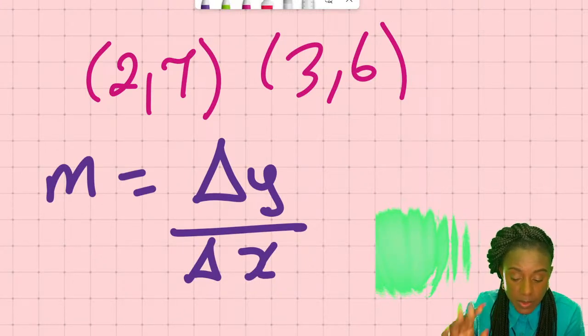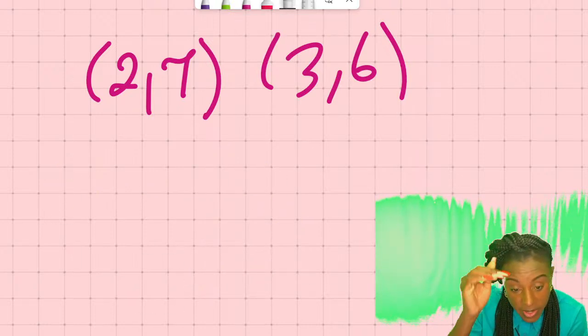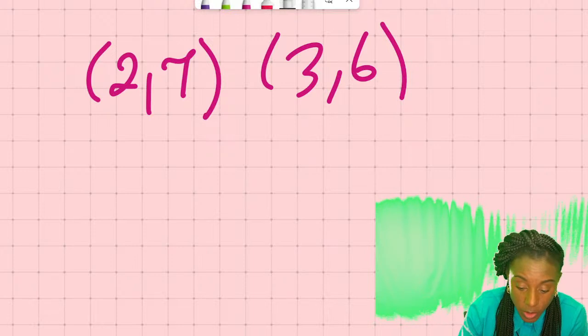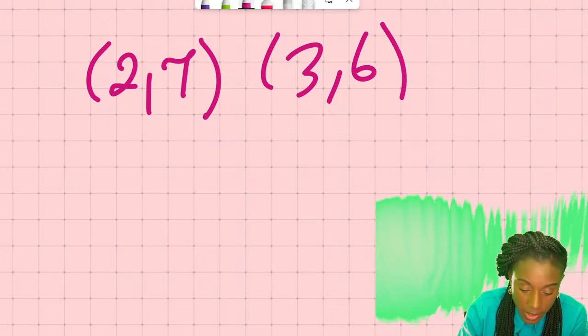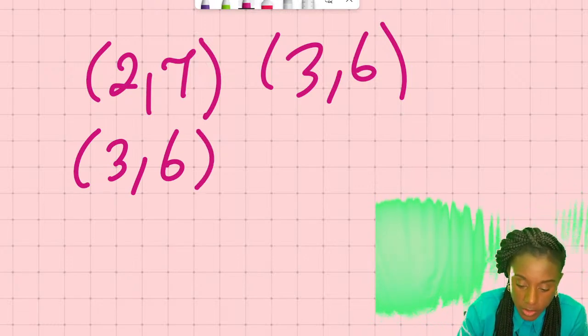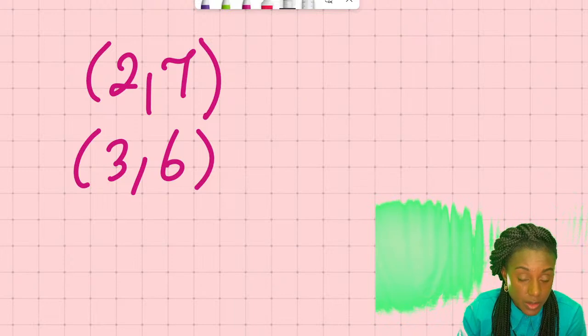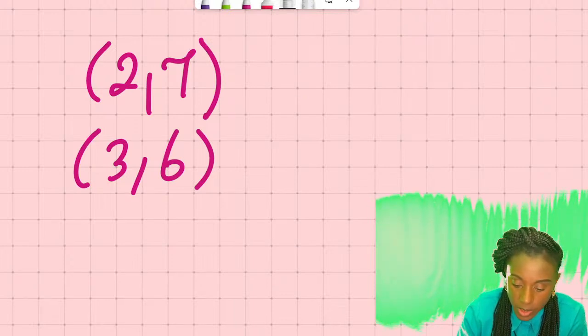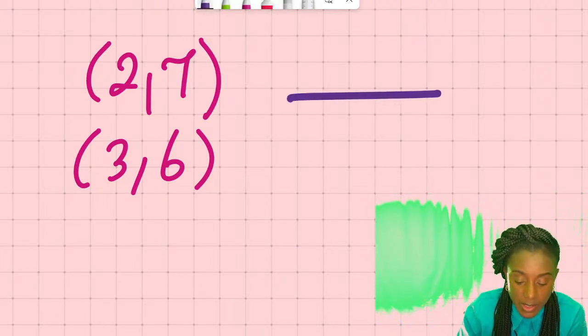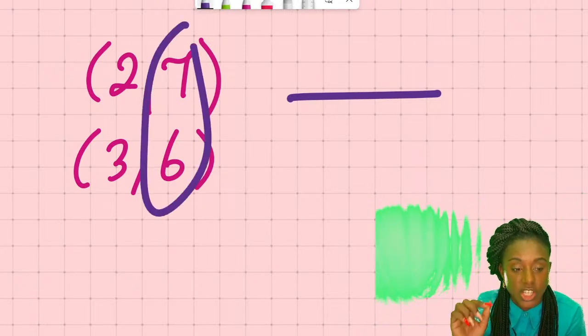Now, here's what I want you to do on the exam once they ask you to calculate the gradient. To make this very simple, line up your coordinates like you're going to stack them one on top of each other. So I'm going to write the next one, 3, 6, like this, because this makes it much easier to calculate the gradient. Here we calculate the difference between our y values, because the numerator is the change in y.